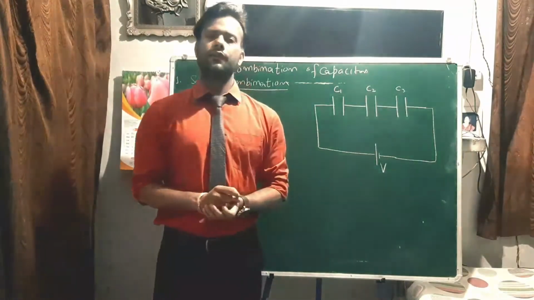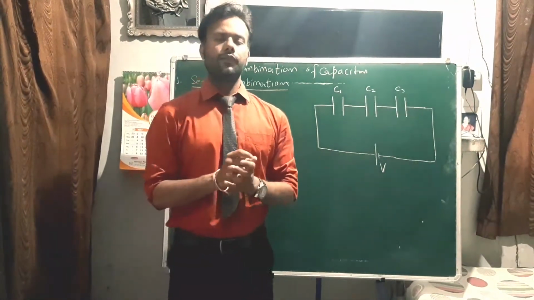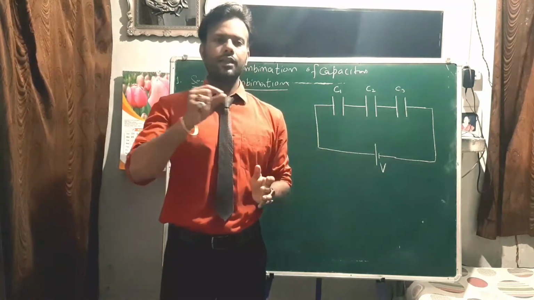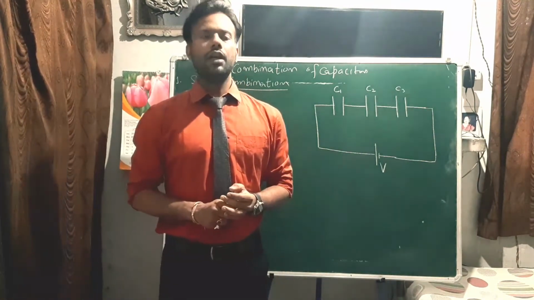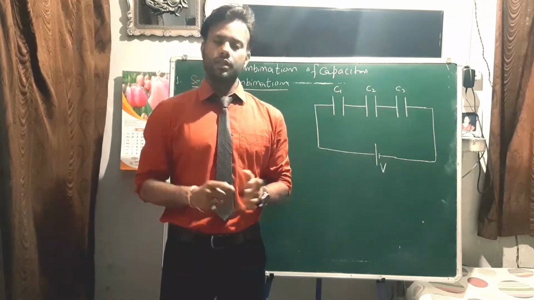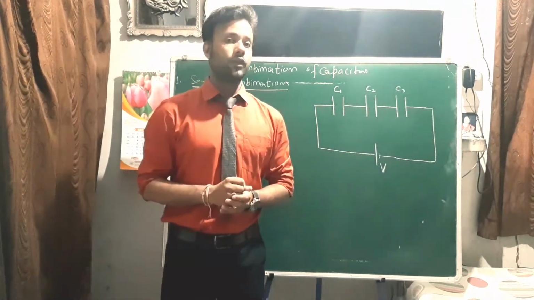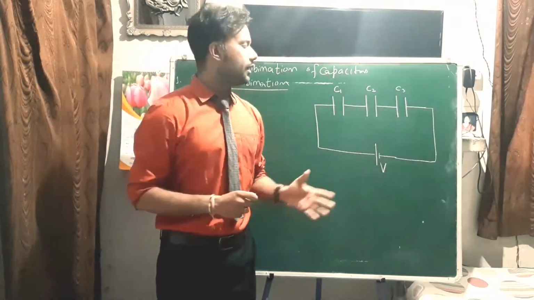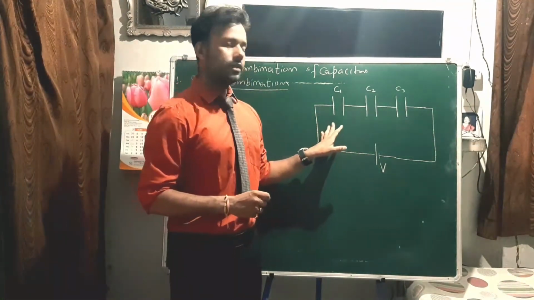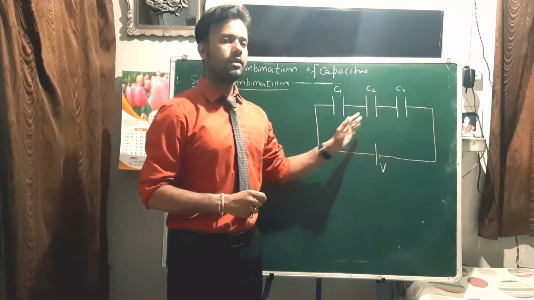Like we have studied in class 10th, if we have a series combination of resistances, then the current in each resistance is the same, and we know that current is nothing but charge upon time. Similarly here, these capacitors are connected in series.